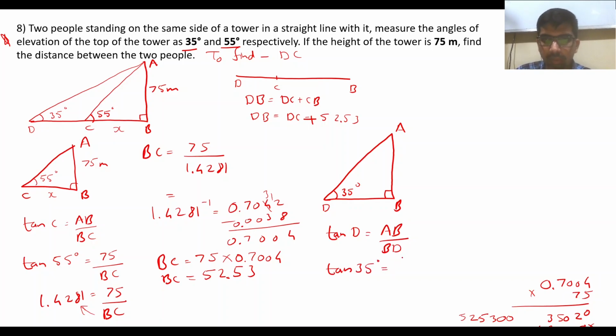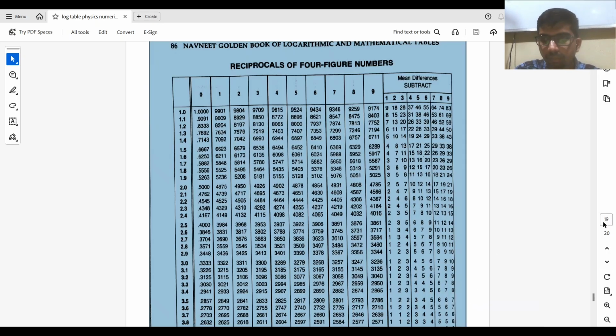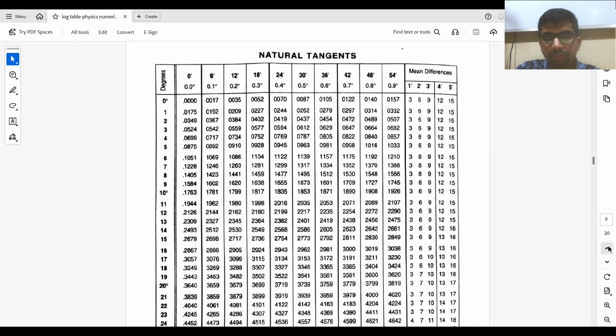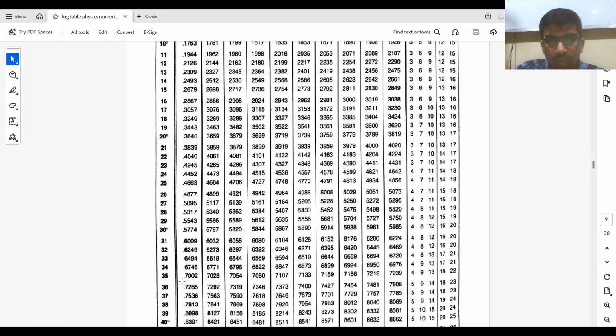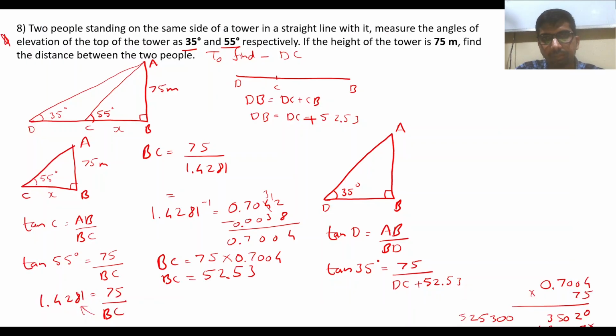AB is 75 meters and BD, yes, DB is one and the same, DC plus 52.53. Go in the tan table and find tan 35. Tan 35 direct value we have as 0.7002. So 0.7002 is 75 upon DC plus 52.53.